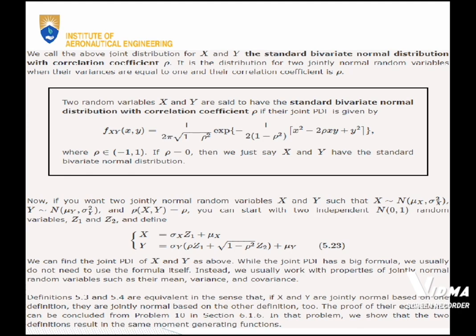If rho equals 0, then we just say X and Y have the standard bivariate normal distribution.